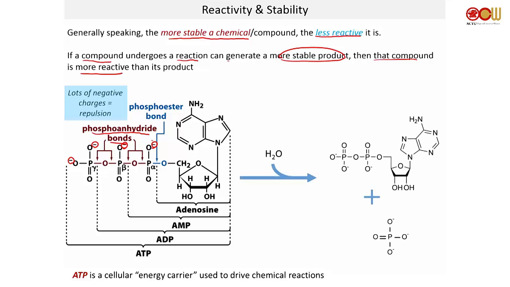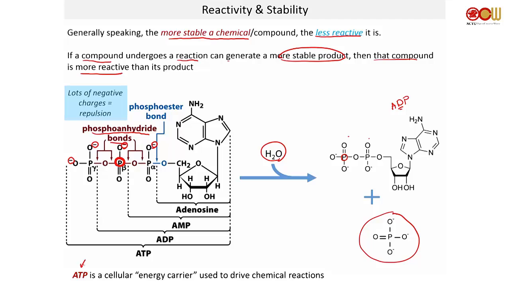So if we hydrolyze it, for example, we use water to react with this particular phosphorus right here, so that you generate one phosphate and a molecule with one phosphoanhydride bond less, called ADP, diphosphate.